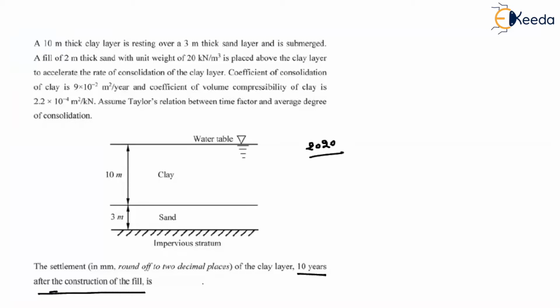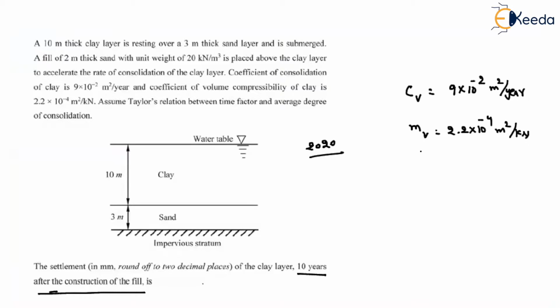Now, what is the given data? They have given us the coefficient of consolidation, Cv, which is 9 into 10 power minus 2 meters square per year. And they have given volume compressibility, let us say mv, which is equal to 2.2 into 10 power minus 4 meters square per kilonewton.